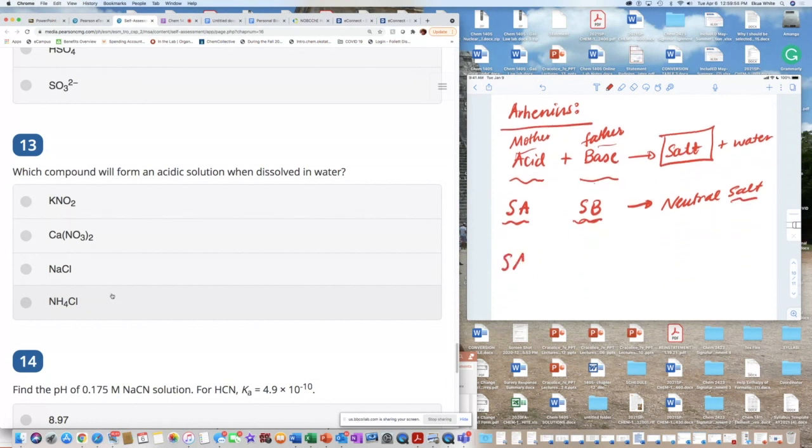If you have a strong acid combined with a weak base, then the strong parent dominates. You have an acidic salt, right? The strong parent dominates. So it's like looking at them and saying, oh my goodness, your dad has strong genes.